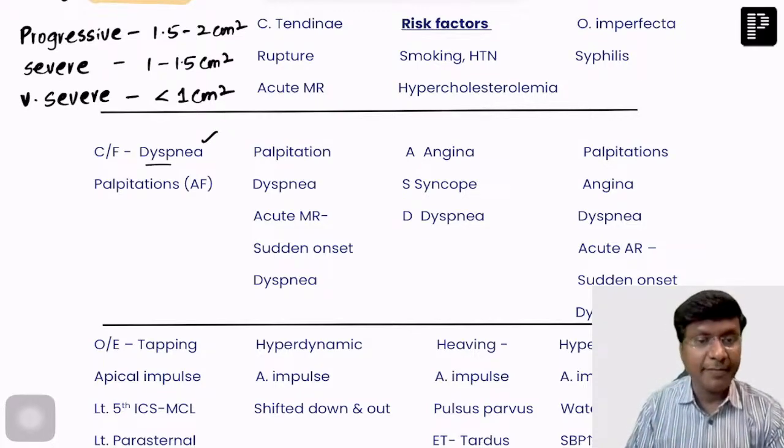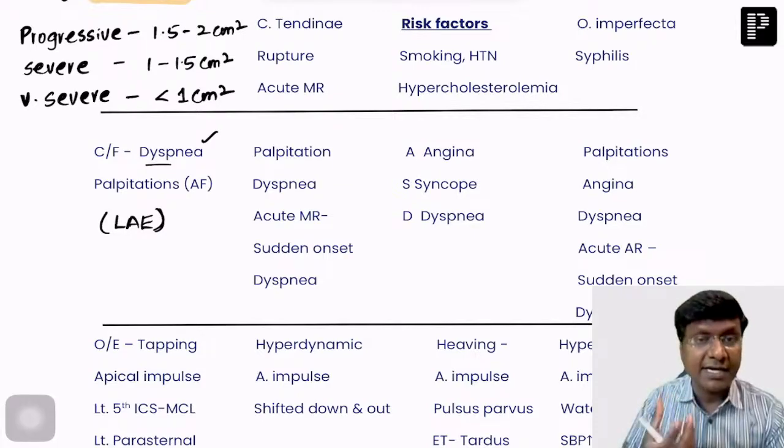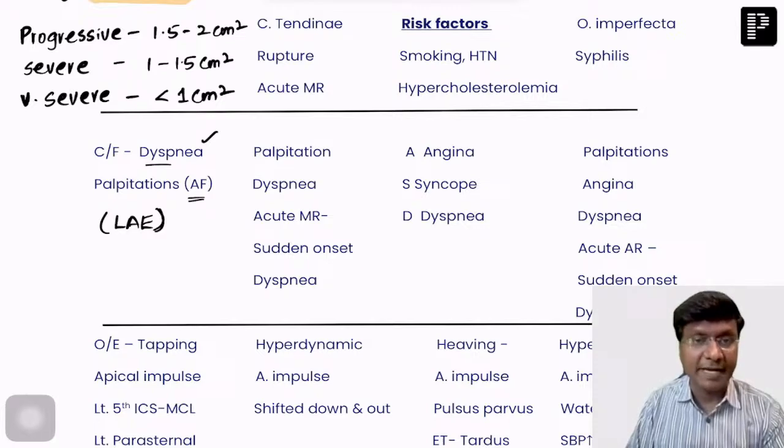And why will they have palpitations? Palpitations are due to left atrial enlargement. As and when there is left atrial enlargement, the enlarged left atrium is arrhythmogenic, and it will cause atrial fibrillation. Because of this, these patients will present with palpitations.